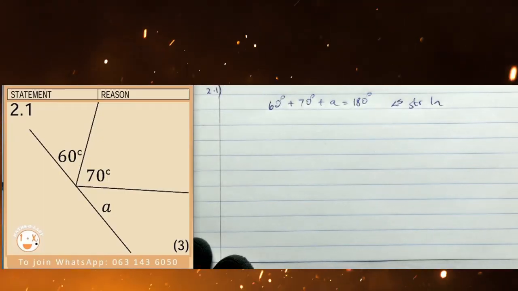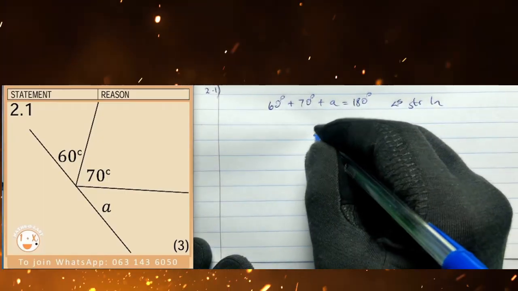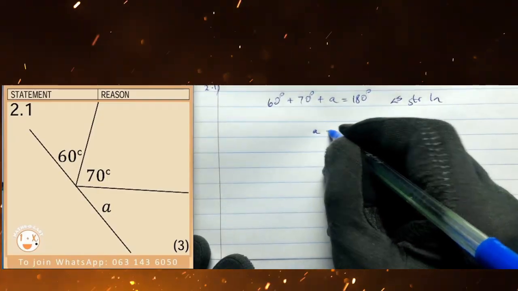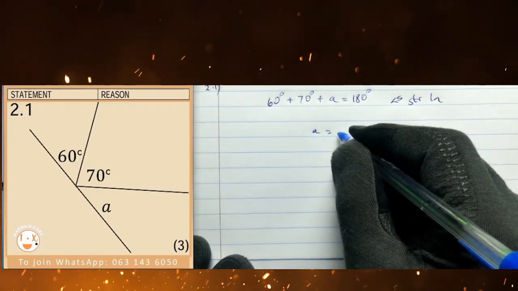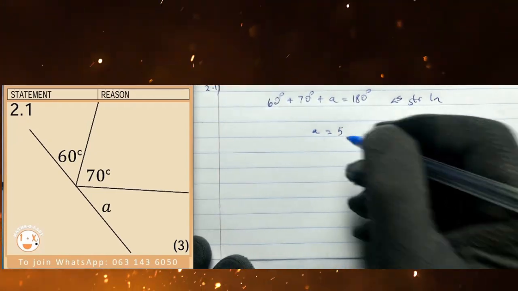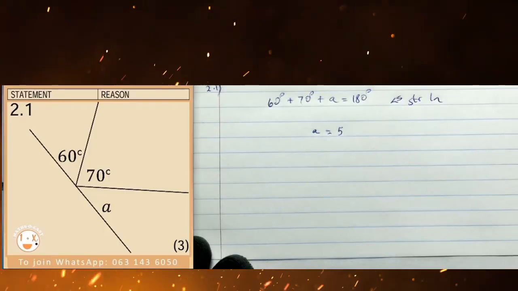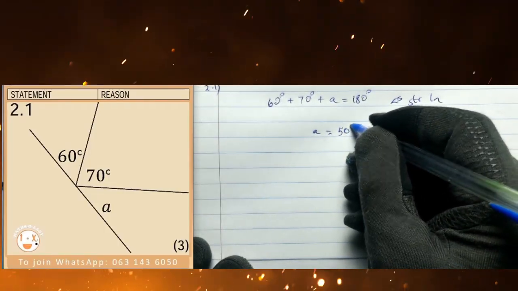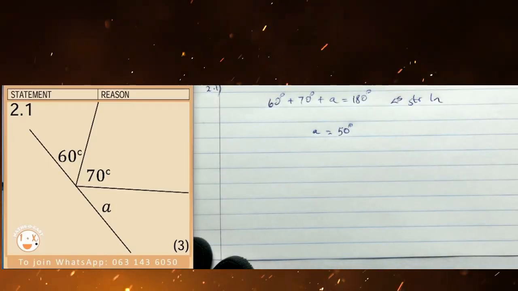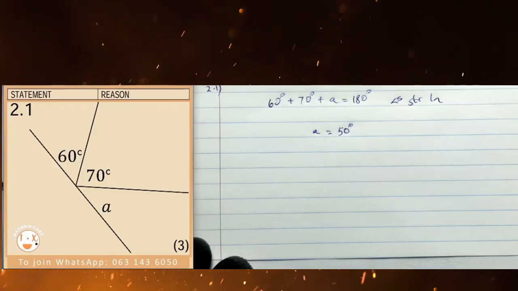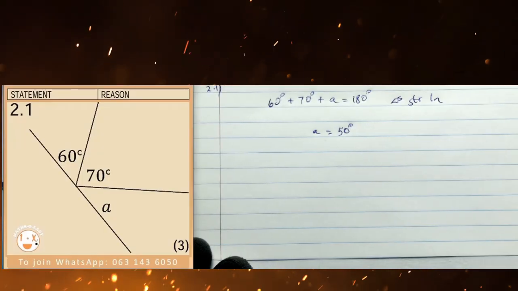This is exam time. We just want to see that statement and reason. And if you know your mathematics, you will be able to say the last one that I need is what? It is how much? So that is 130. So I'll need 50. Okay. Look at that. Under 2 minutes for 3 marks.